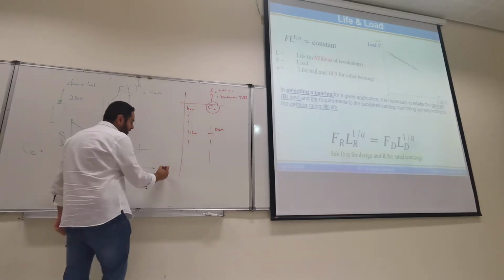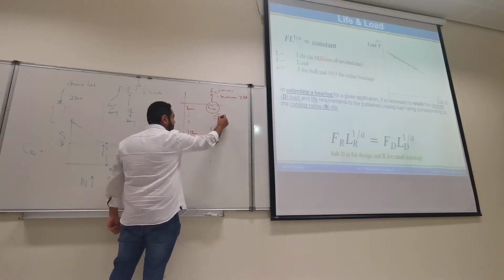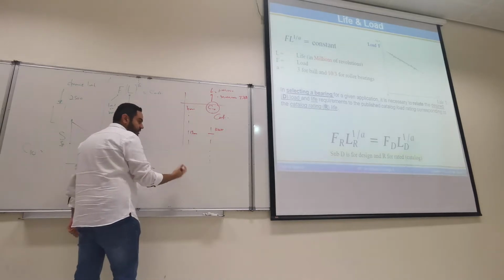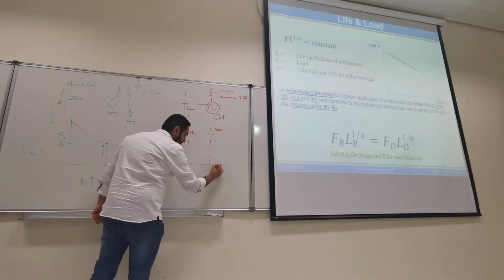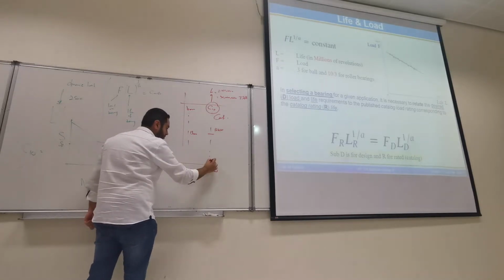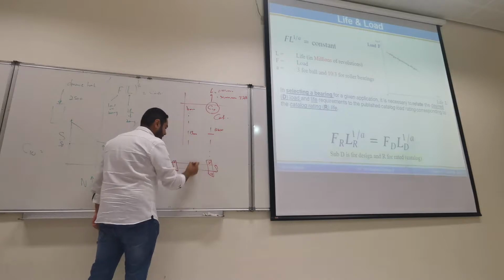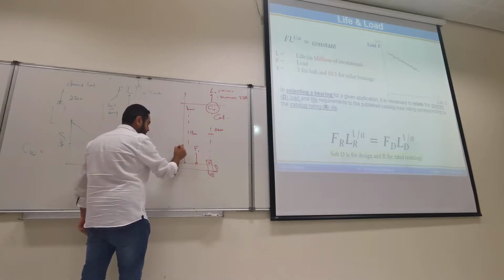So I can make a relationship between the rated values in the catalog and the desired values, the ones for the design. So I have a shaft, for example, and I need to select 2 bearings for it. I know the loads on the shaft, for example, F1 here, F2 here.